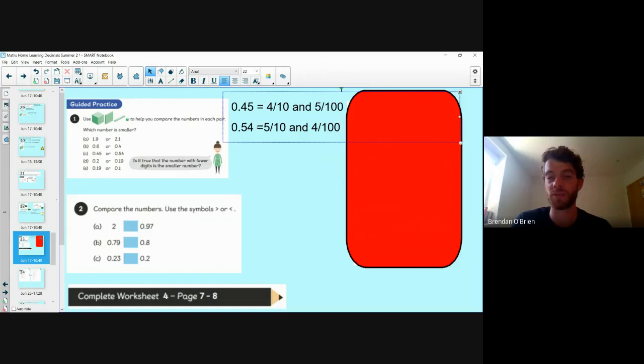Let's change that to just a fraction using hundredths. Well, 0.45, I know that's 45 parts of 100, so that's 45 over 100, 45/100ths. Again, the same here, 0.54, I know that's 54 parts of 100. So I can take that back, and it becomes 54/100ths. Okay.